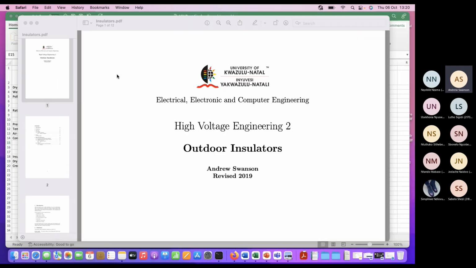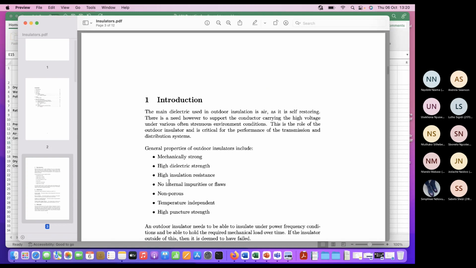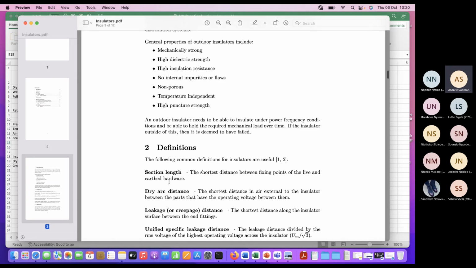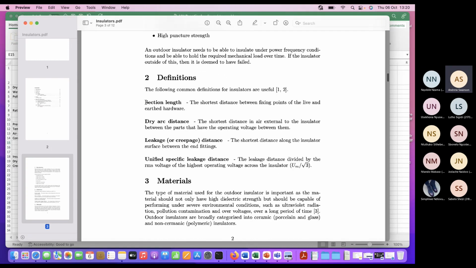All right, so let's go through the course notes. I'm assuming you've gone through the video, but essentially most of the work for the practical was in the course notes. There's some details about the different types of insulators. They are the measurement distances that you need. They were defined in the course notes.